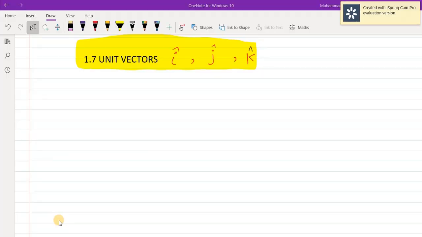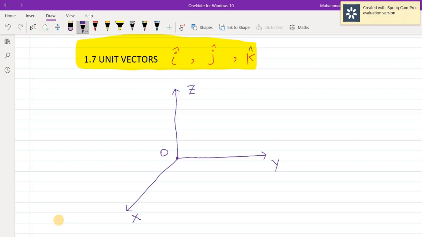Students, consider the rectangular coordinate system in 3 dimensions as shown in the figure. Now take points A with coordinates 1, 0, 0 on x-axis. Similarly, take a point B with coordinates 0, 1, 0 on y-axis and a point C with coordinates 0, 0, 1 on z-axis.